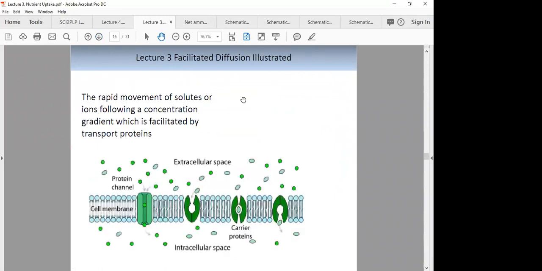All right, here we have an illustration of facilitated diffusion, and I assume everyone's up with the 2 major classes of transmembrane proteins that facilitate this type of diffusion, called facilitated diffusion. So what are the 2 major types of proteins, just general classes of proteins that we can see on this slide?